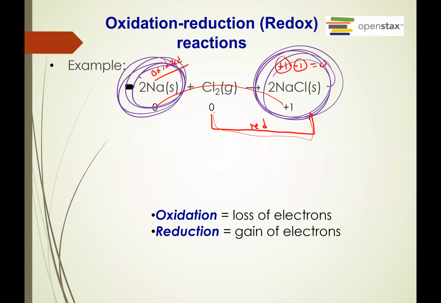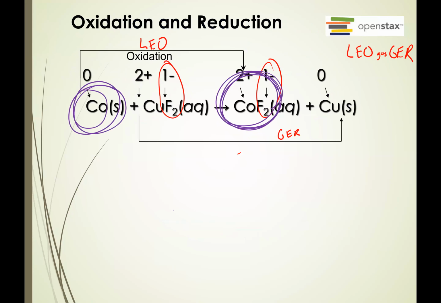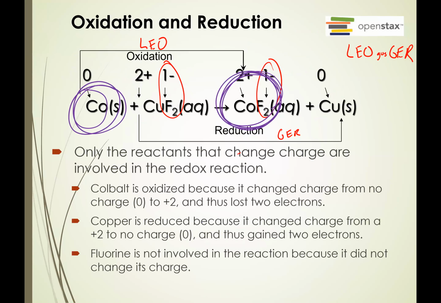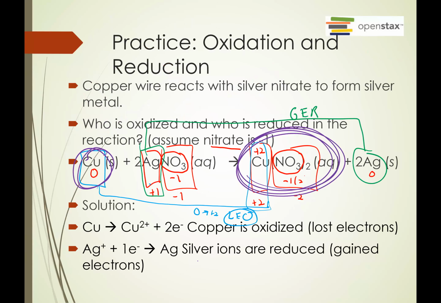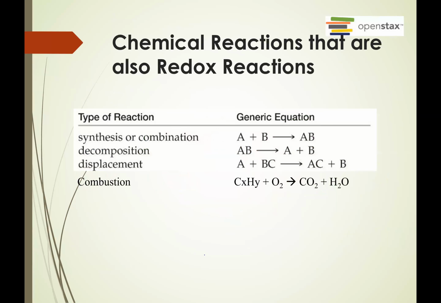Now you're going to see them all the time. So that's kind of your key, kind of like a clue: you see something by itself and then with something else, it's an oxidation reduction reaction. Now when we look at it, you're going to see there's a ton of oxidation reduction reactions. These are the reactions we're going to do to start with: synthesis, decomposition, displacement, and combustion.